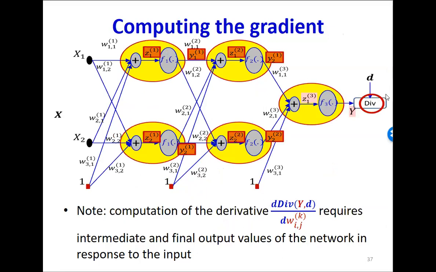So before you can compute the derivative of the divergence with respect to any parameter, you need to know the output of the network, and you also need to know all of these intermediate values because they specify where you are in the input space, where you're computing the derivative. So as a first step, all of these highlighted values and the network output must be computed.